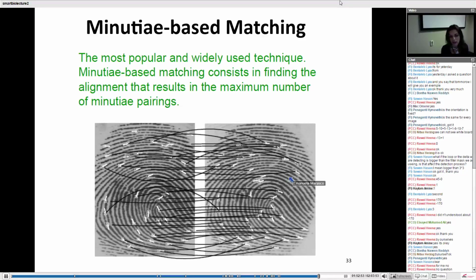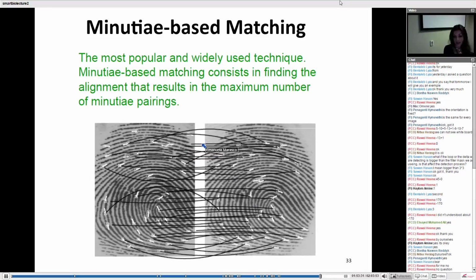Now I have some questions for you on this slide. With the black lines, we indicate corresponding minutia, the ones that are the same in the template and the query. Now, based on this image, do you think we are considering an imposter matching or a genuine matching? And why? I want to understand what you think about this image.